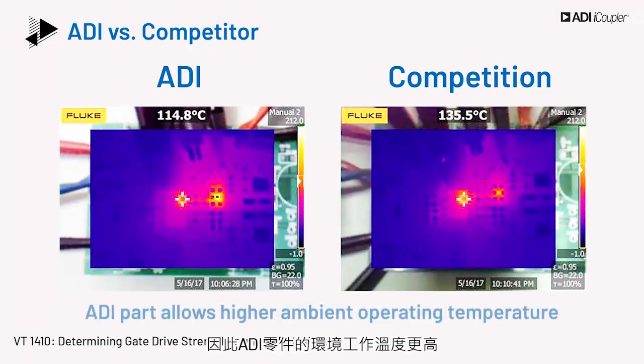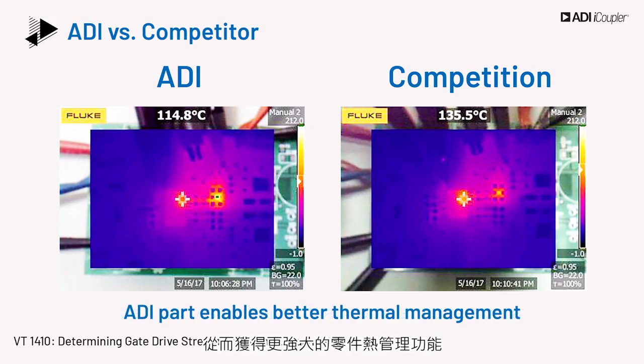This allows higher ambient operating temperature for the ADI part. The obvious advantage is that it helps to keep the gate driver cooler by spreading the heat in the external gate resistors, and thus better thermal management of the part is obtained.